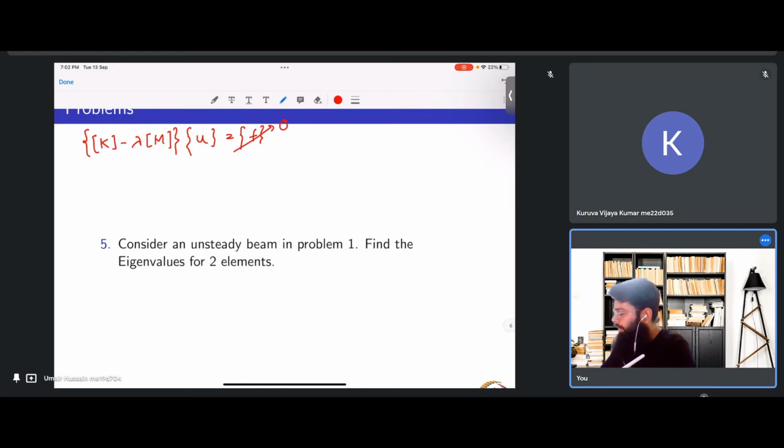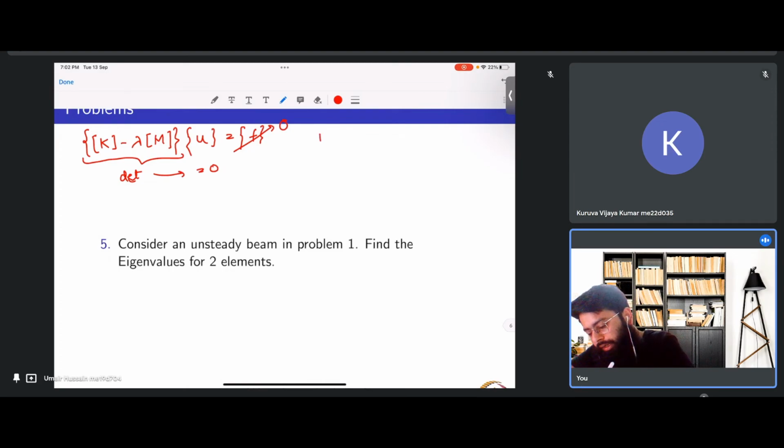And at the end, what we need to do is get the determinant of this thing and equate it to 0 to get the characteristic equation, right? We have to take two elements, of course, so we'll see what we can do.